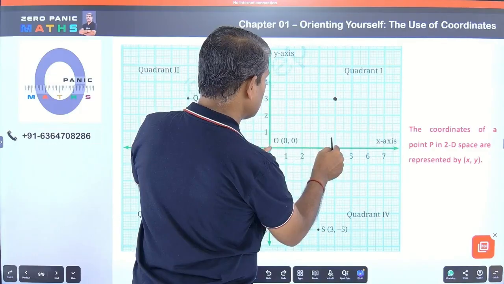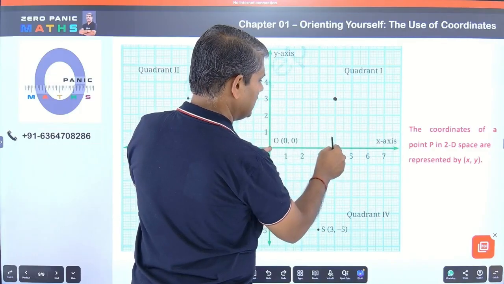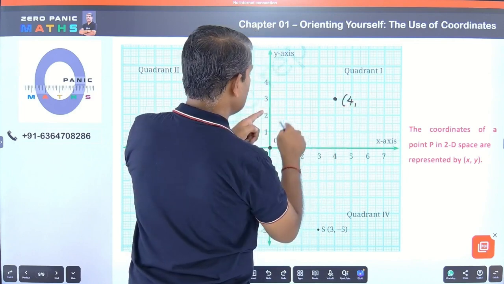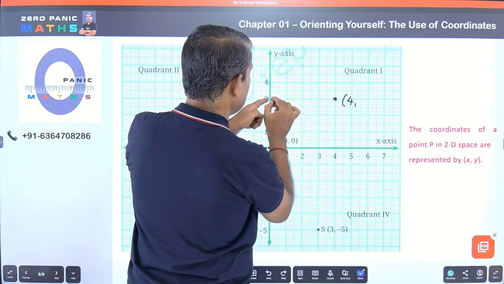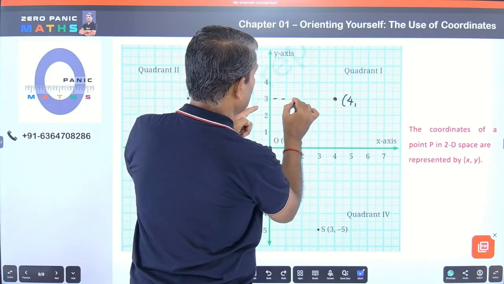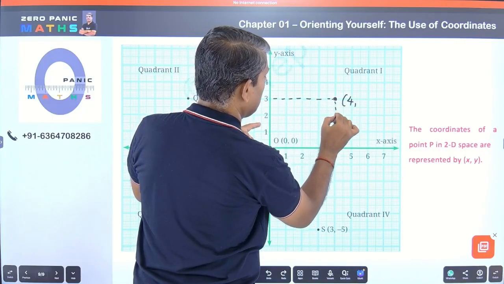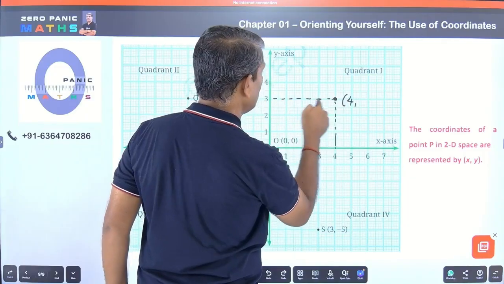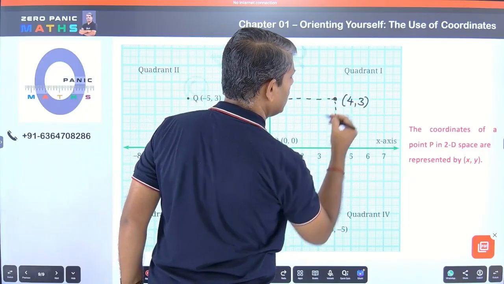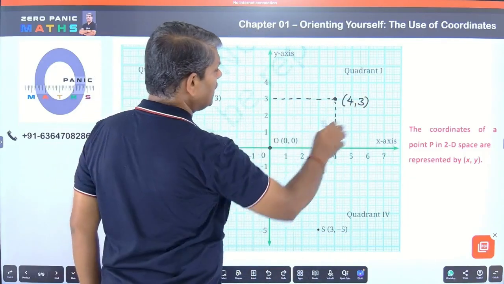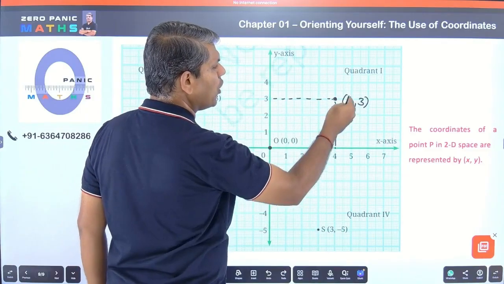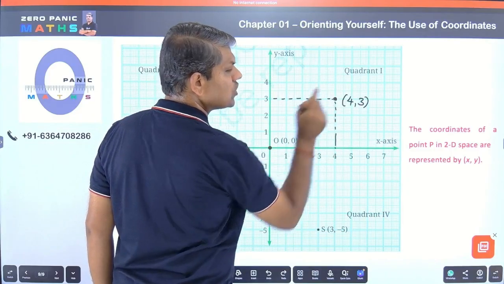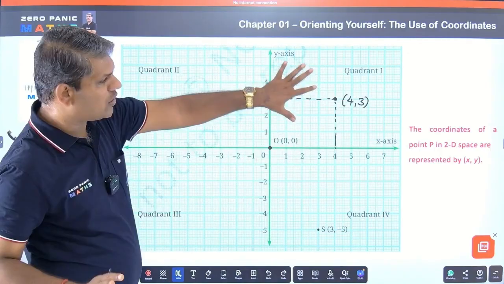This is the horizontal distance from the y-axis. It is 4 for x. What is y? It is 3 here. So if you point out horizontally and vertically, this is that point, and 4 is the x coordinate value and 3 is the y coordinate value. So any point in quadrant 1 will have both x and y as positive only. That is the meaning of this.